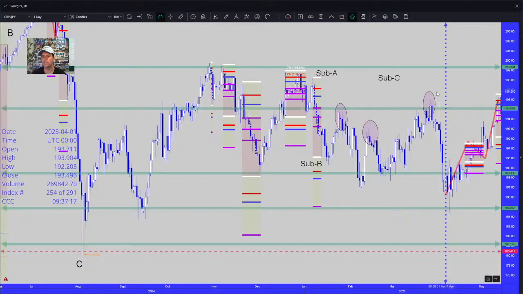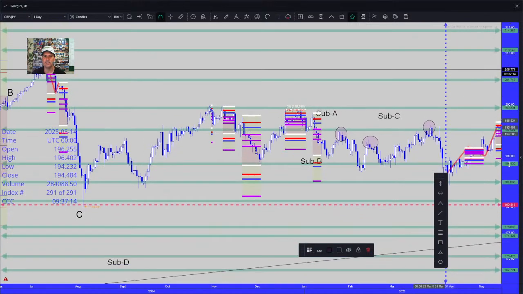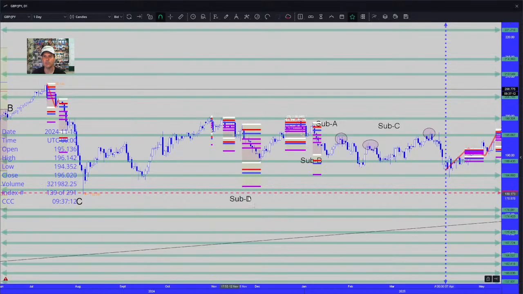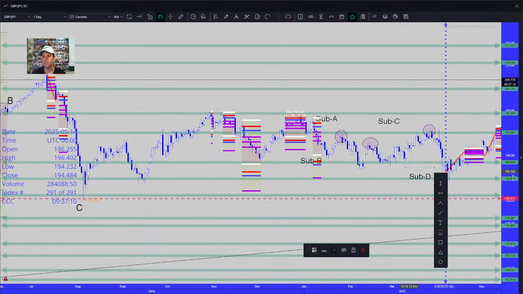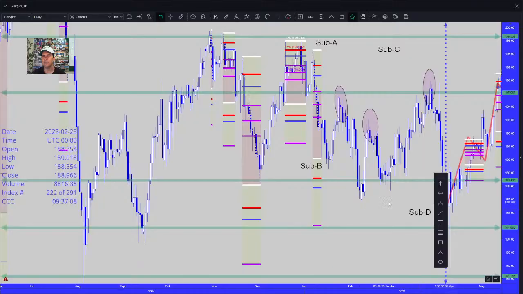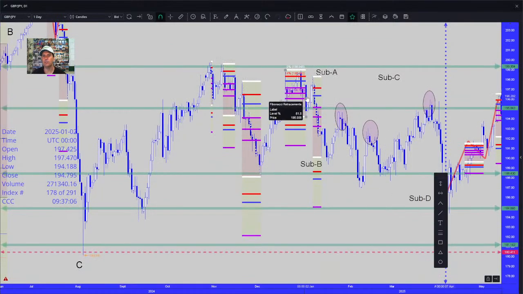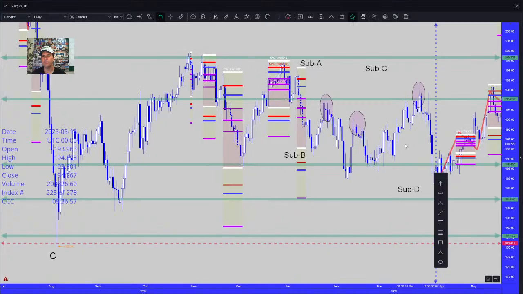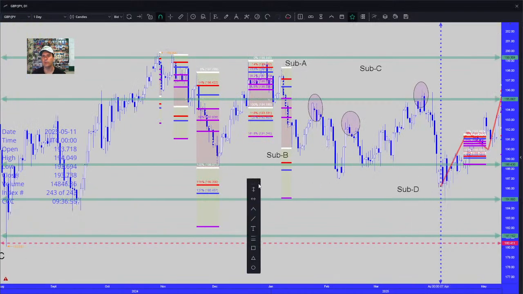Or is the third circle the sub C, everybody? Where is the sub D? Sub D is down in here. So you would win the first contrarian Fibonacci, the second one. You would win the first one and the second one. Which one is the sub C? First circle, second circle, third circle.